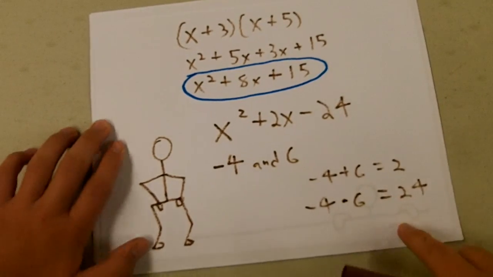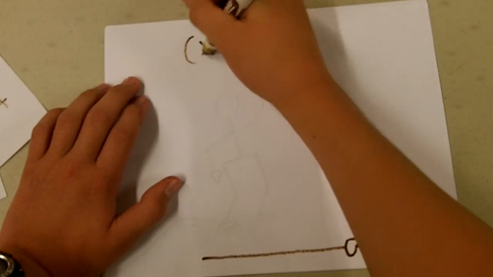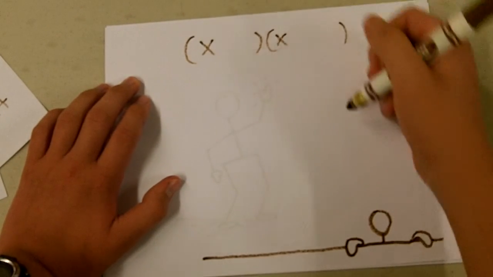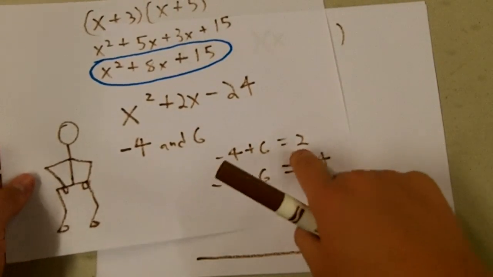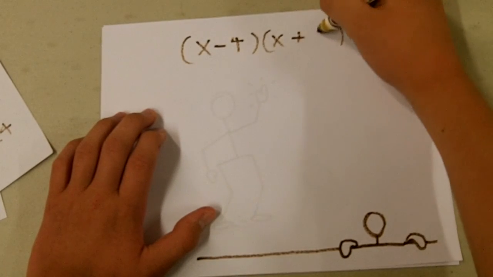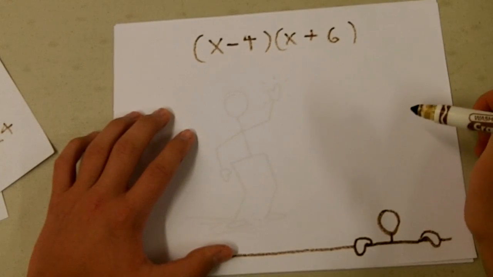So we create our two parentheses along with the x's, and we have to go by our answer, which is negative 4 and 6. So we do x minus 4 and x plus 6. And that is our factored answer.